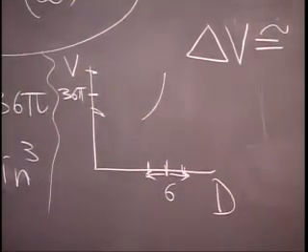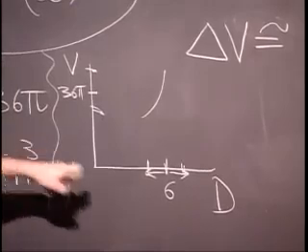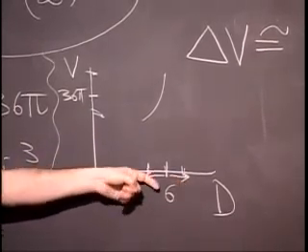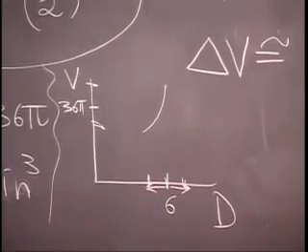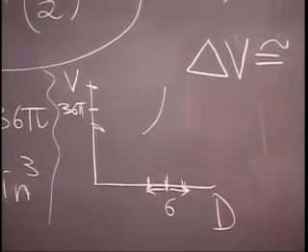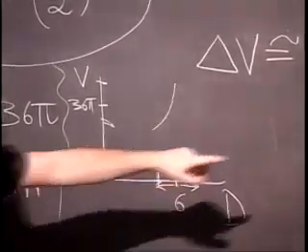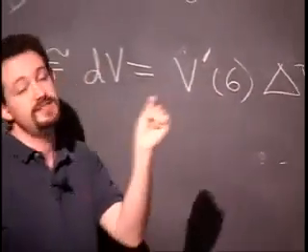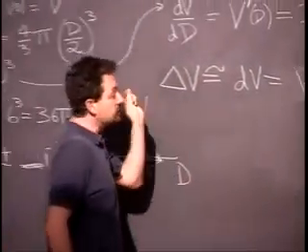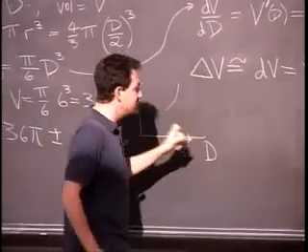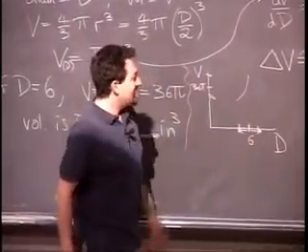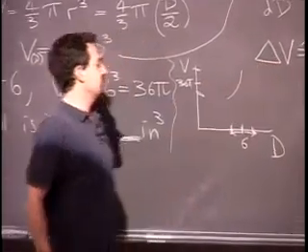See, because I'm only accurate to 0.5%, it might be a little higher or it might be a little lower. The true value is somewhere in some little range. So that is what this delta D is. It's the uncertainty. It's how much I could possibly vary D by from 6 and still be within my measurement error. And of course, that will induce the change in V.